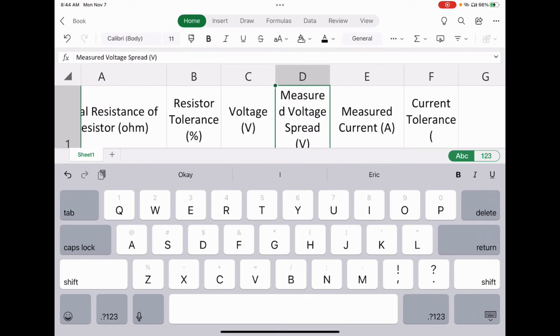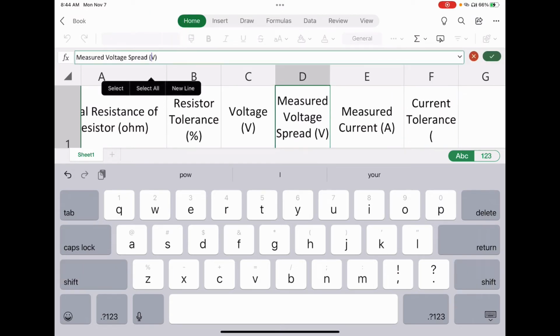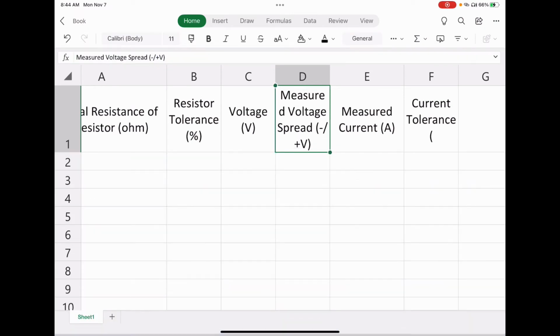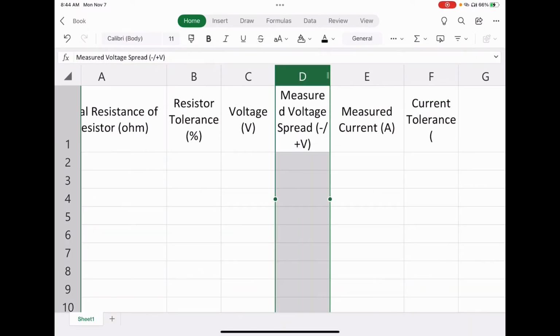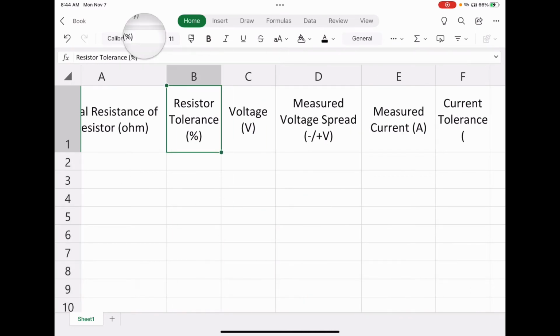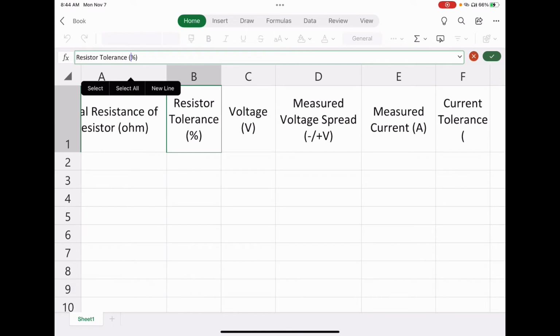And this is going to be a plus or minus value. So I think that I can put that in there. Okay, plus or minus. All right. Even the tolerance here is a plus or minus.